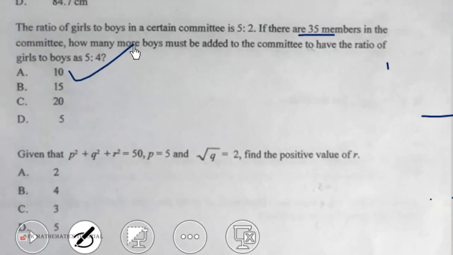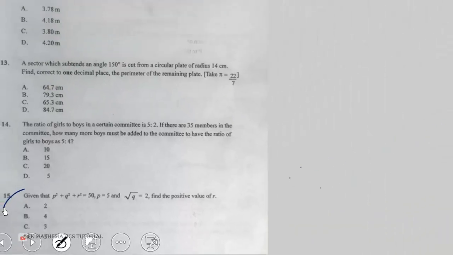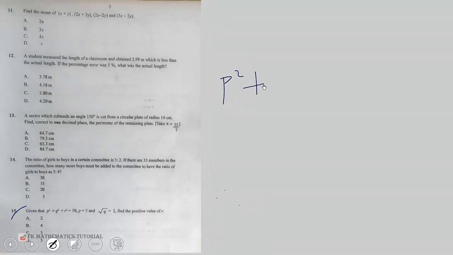Given that p squared plus q squared plus r squared is equal to 50, p equal 5 and root q is equal to 2, find a positive value of r. So p squared plus q squared plus r squared is equal to 50.